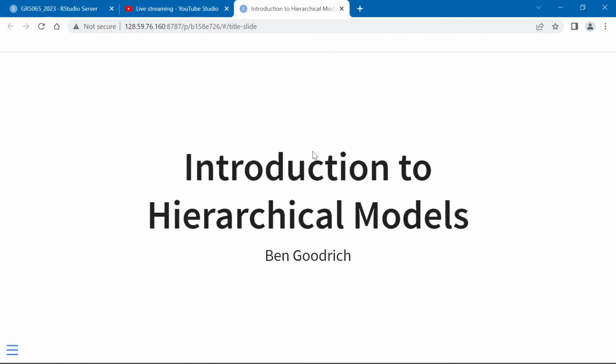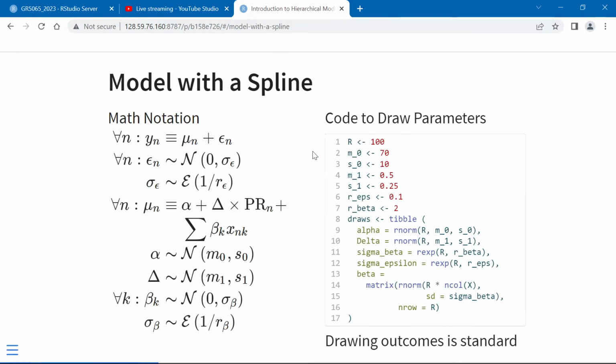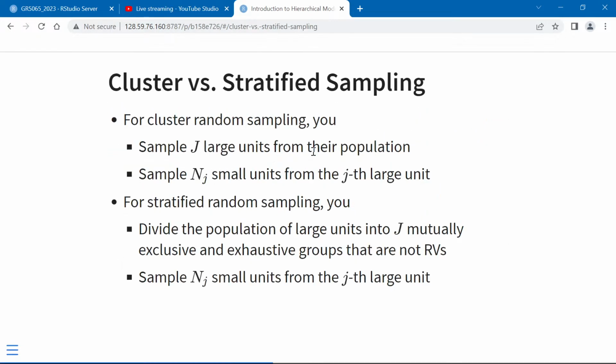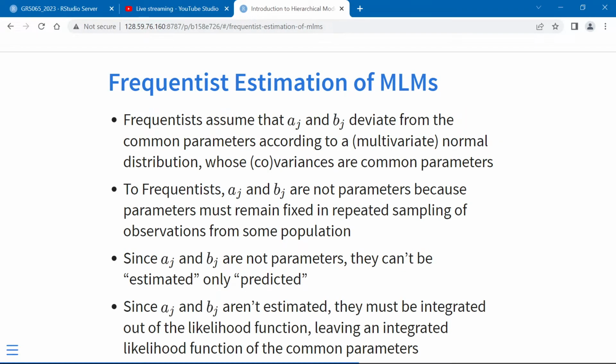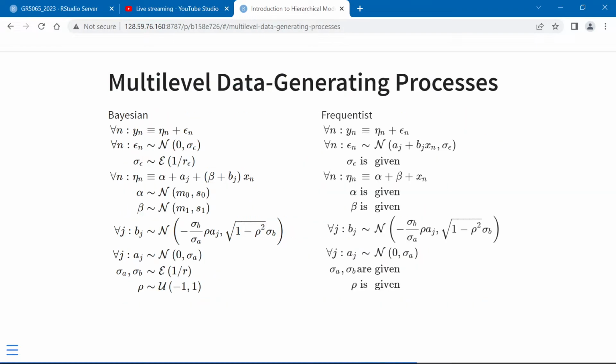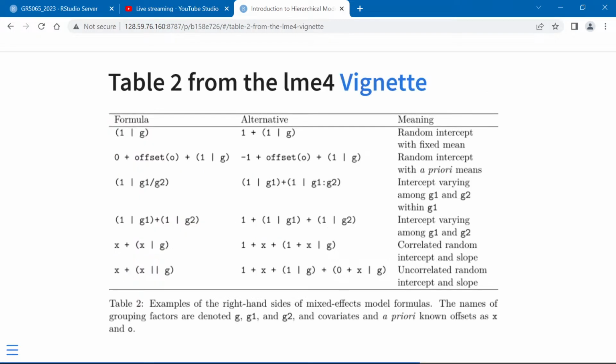But from a frequentist perspective, it should very much matter, because frequentist multi-level models should only be used with cluster random sampling. If you have cluster random sampling, then you really should be using a multi-level model. If you have stratified random sampling or anything else, you shouldn't be using this, because this assumption doesn't make sense if your big units are not random from a frequentist perspective.